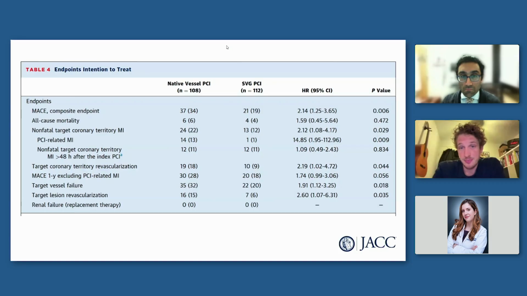Yeah, that was indeed difficult. We have finished at 220 of the 584 patients. We were prematurely ended, mostly due to financial restraints, because the enrollment was way slower than anticipated.